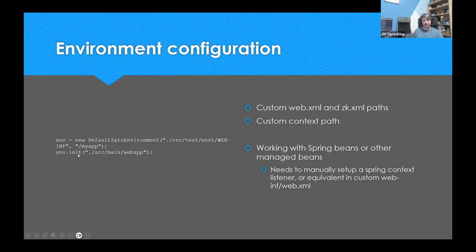And then when you init your environment, you can still give it the correct path to your files, and you're done. A few important details, especially regarding Spring or other ways to manage your beans. Because there is actually not a servlet container behind ZATS, and because Spring Beans might need to be in a servlet container to function correctly, if you're going to try and auto-wire some beans into your composer, you're going to have to set up a Spring context manually in your WebXML.